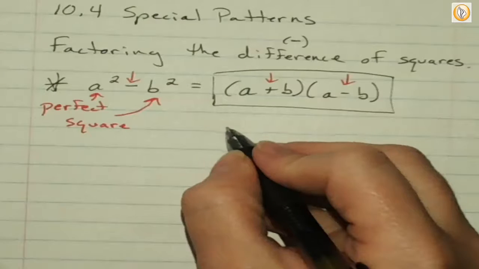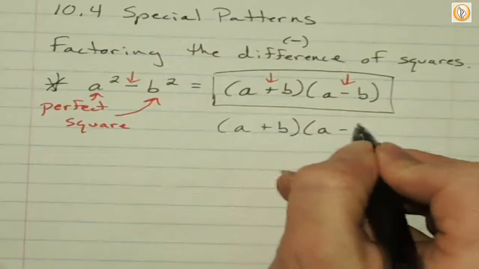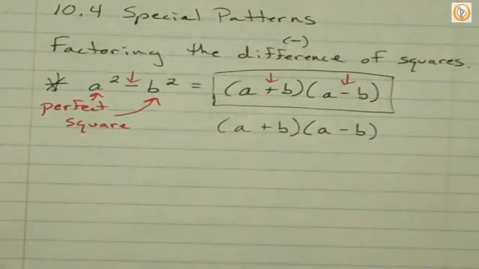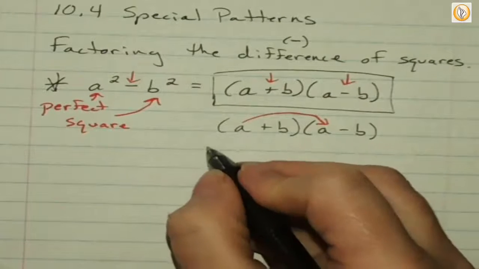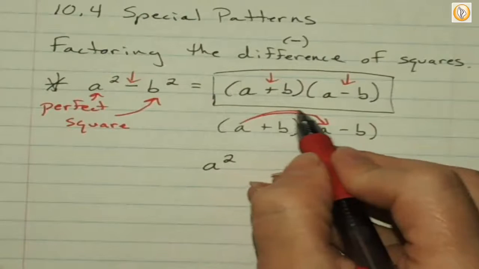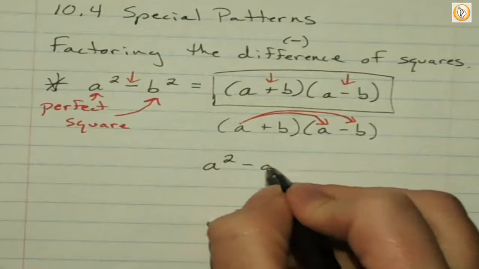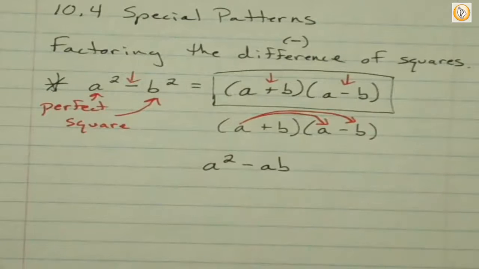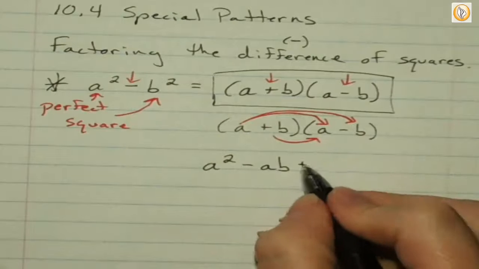For example, I'm going to rewrite it down here and I'm going to show you. So A times A is what? A times negative B is negative AB. B times A, plus AB.